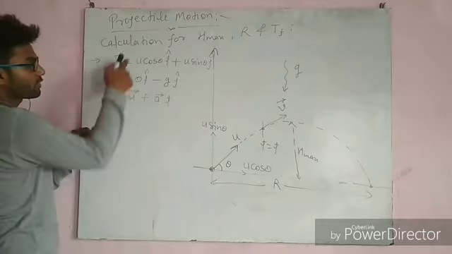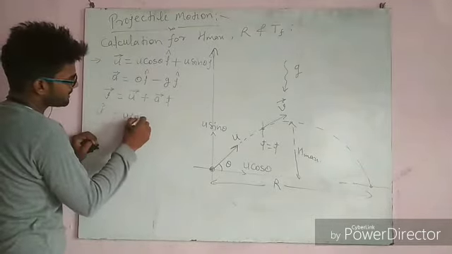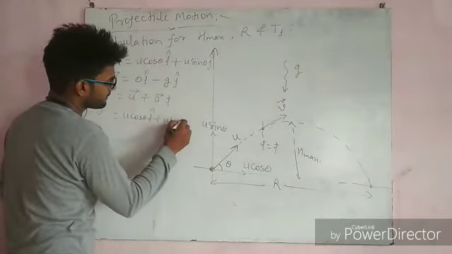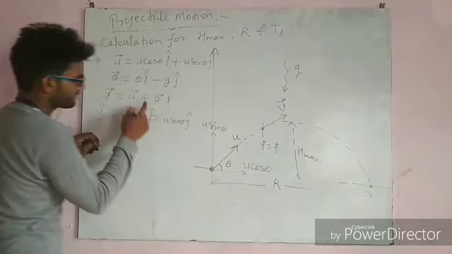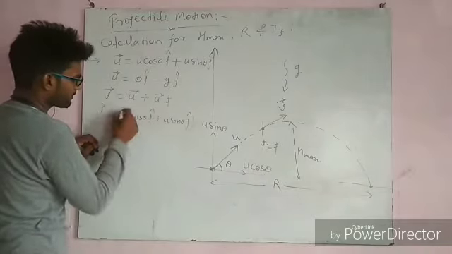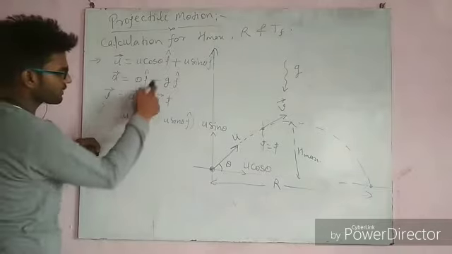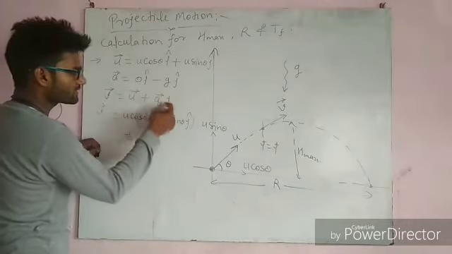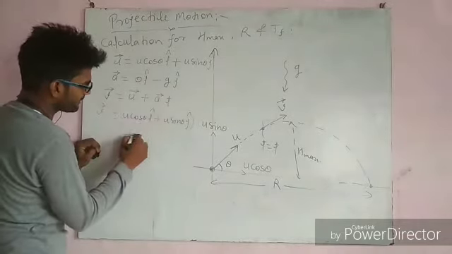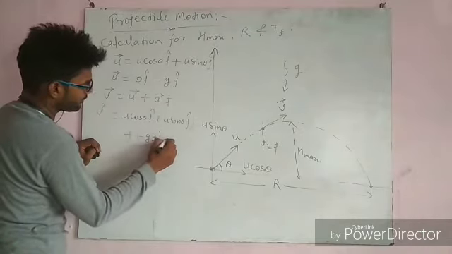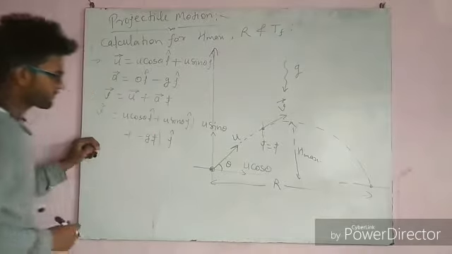Like u equal to u cos theta i cap plus u sin theta j cap, this is u, plus at. So the i component is 0, so there will be only minus g multiplied by this t, that will be equal to minus gt into j cap, right?